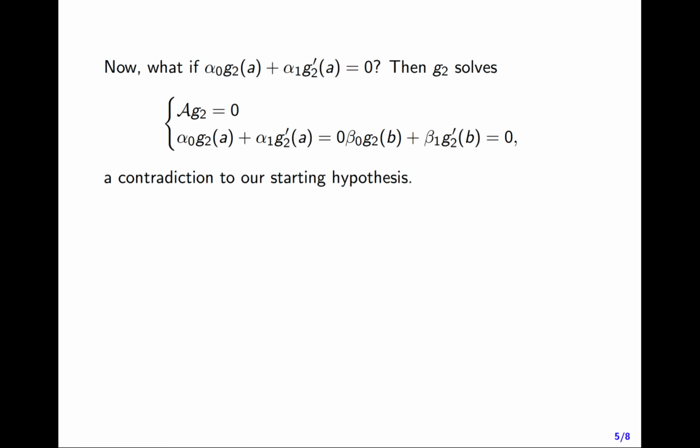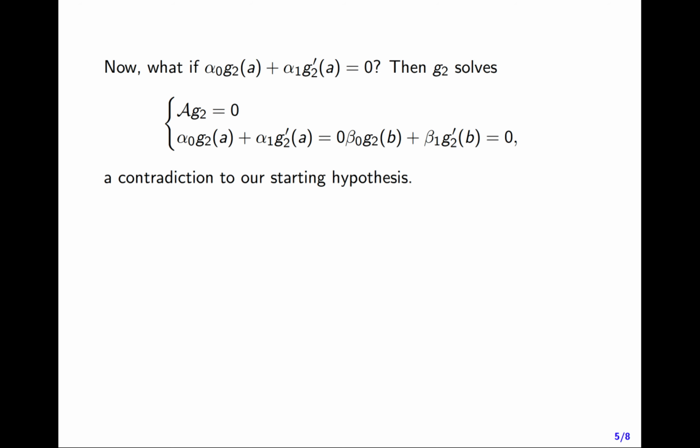But that's not allowed to happen, right? The only solution to the full boundary value problem is the trivial solution. So that would mean g2 would have to be 0. But wait, can g2 be 0? No, because g2 solves an initial value problem where at least one of the initial conditions is non-zero.